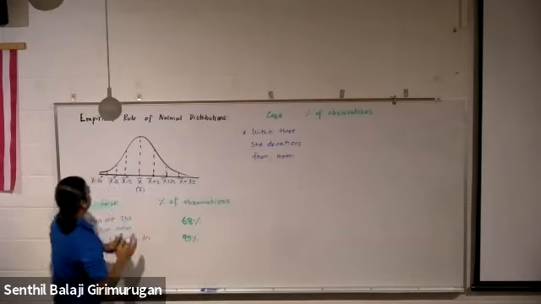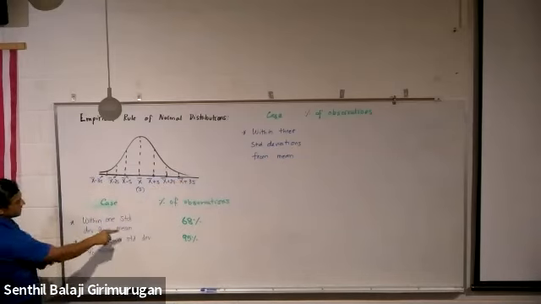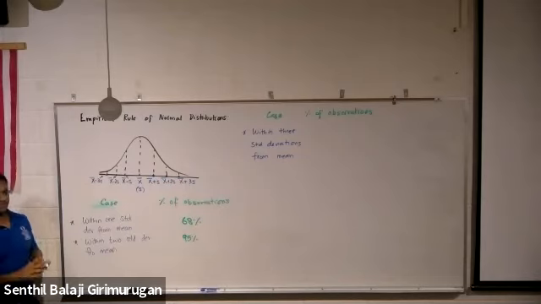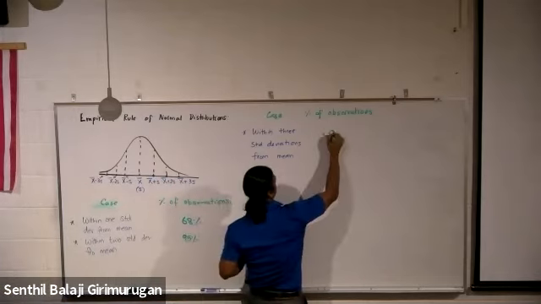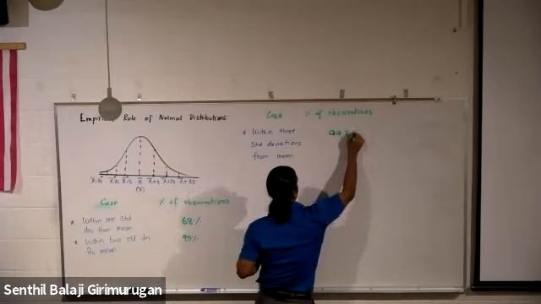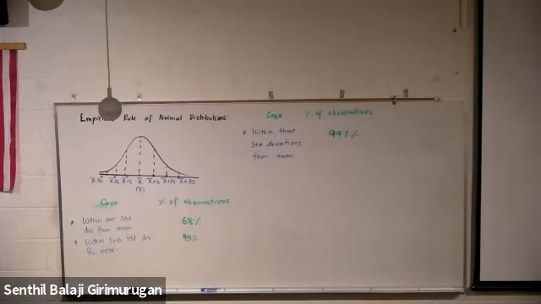So from 2, we are going to 3. Do we expect that number to go up or down? Up. And this will be 99.7%.